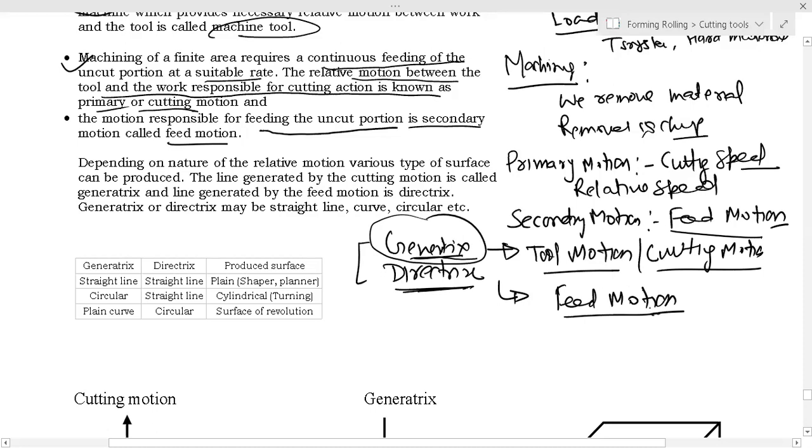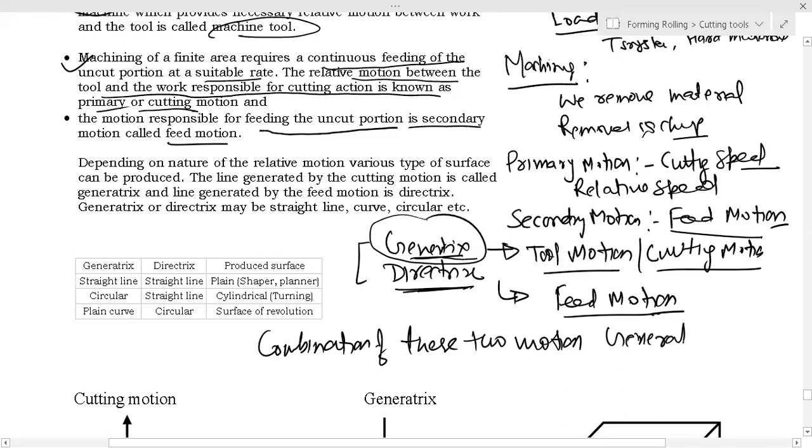So you have two types of motion in a machining process, and based on the combination of these two motions, generatrix and directrix, we get various types of machined surface.